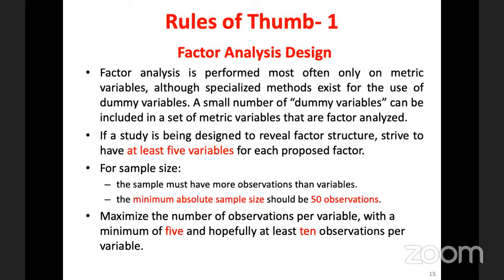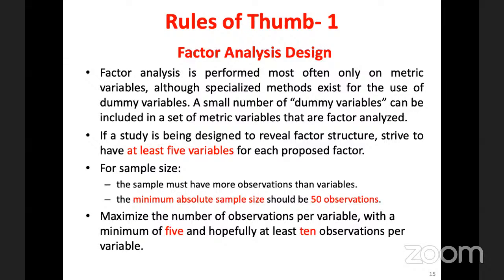Now coming to factor analysis, there are certain rules of thumb that must be adhered to when we are using it. Normally it is said that for one factor there should be at least five variables available.